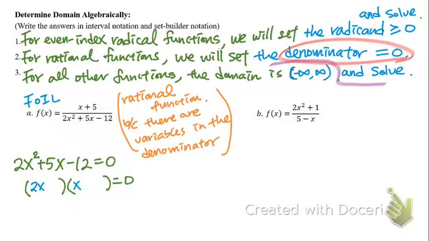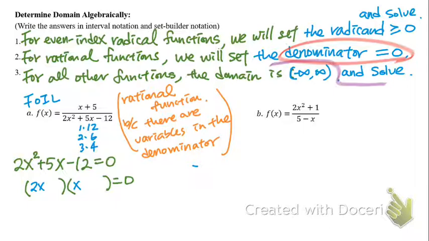Okay, backward FOIL. So the first is 2x times x, which gives 2x squared. We do it backwards. Then you think about the factors of 12: 1 and 12, 2 and 6, 3 and 4. This is the tricky part, because the coefficient of x squared is not 1.